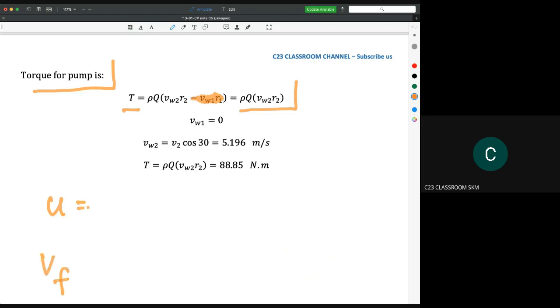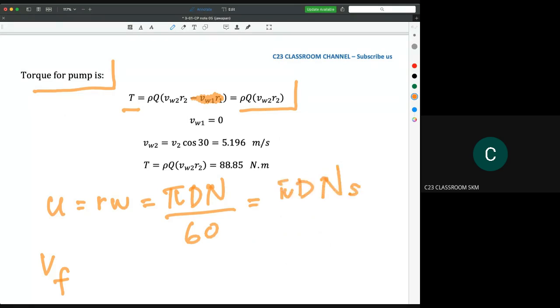U here is equal to R omega, and equal to pi D N over 60. However, in this question, because the question gives you RPS, rotation per second, you need to use pi D N, no need to divide by 60. We divide by 60 because the unit for N is in minutes, RPM.